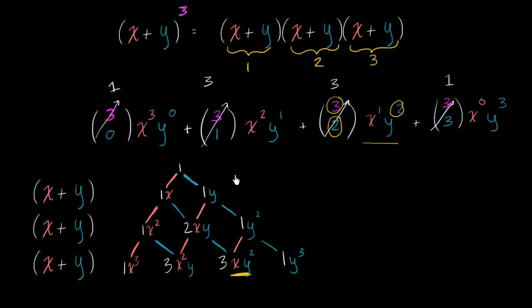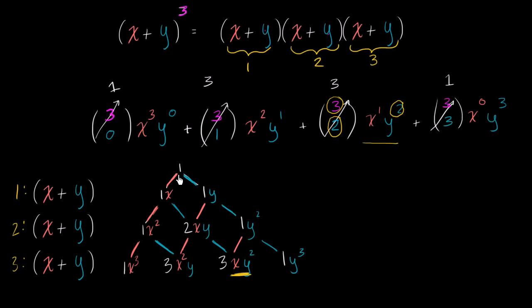And just to make the connection between what we just said, what's really going on here is at each of these nodes, as we pick a path, we're essentially saying, are we picking an x or y from each of these expressions? So let's number them: this is expression 1, this is expression 2, this is expression 3. We said that there's three paths that could take us here, so let's mark them out.